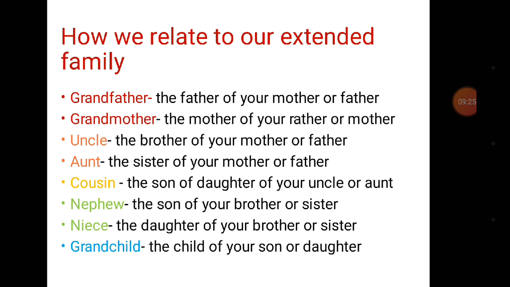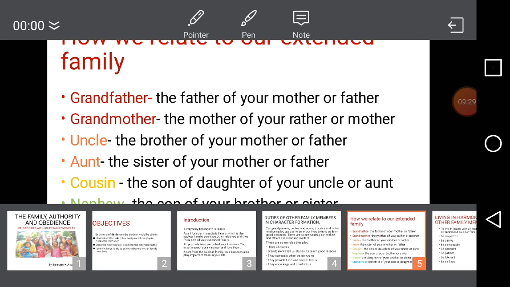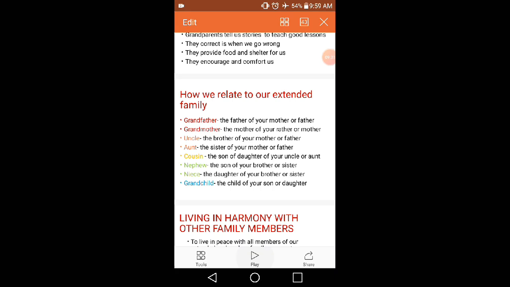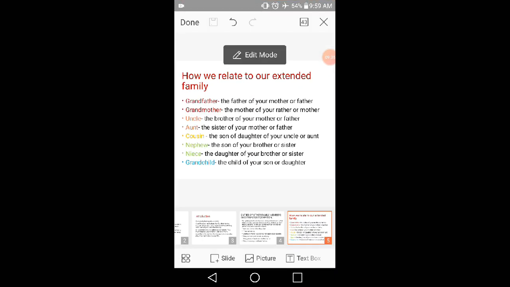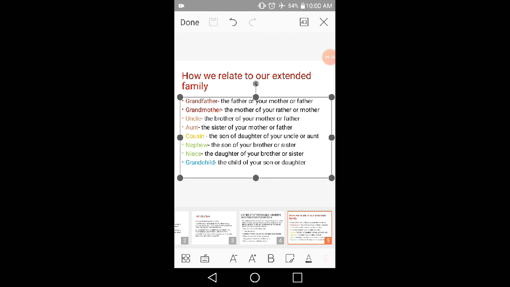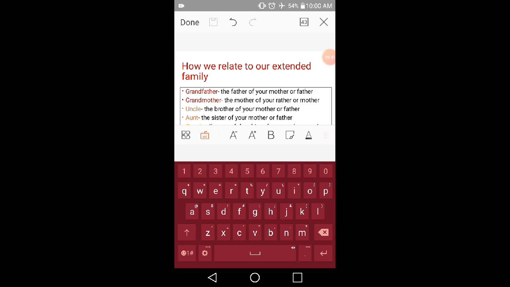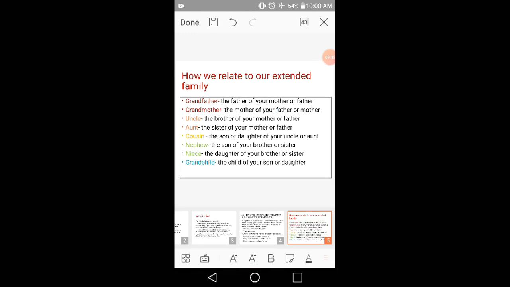Grandmother is the mother of your father or mother. So daddy's mother is your grandmother and mommy's mother is also your grandmother.